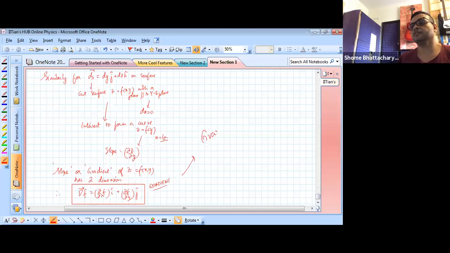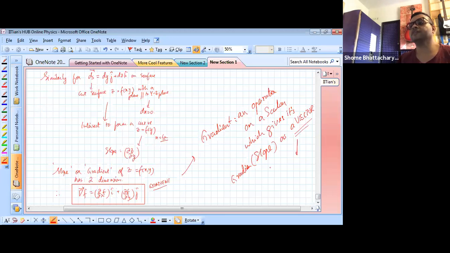Okay, so ultimately gradient is an operation on a scalar which gives its slope, or what we call gradient, as a vector quantity, such that each component of that vector is equal to the slope along that direction.